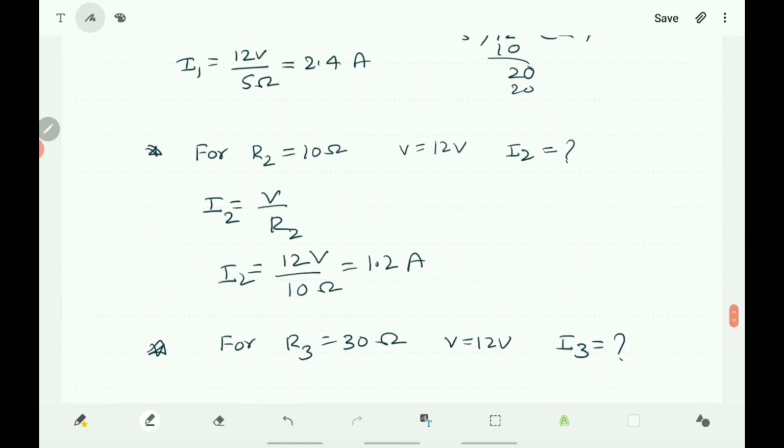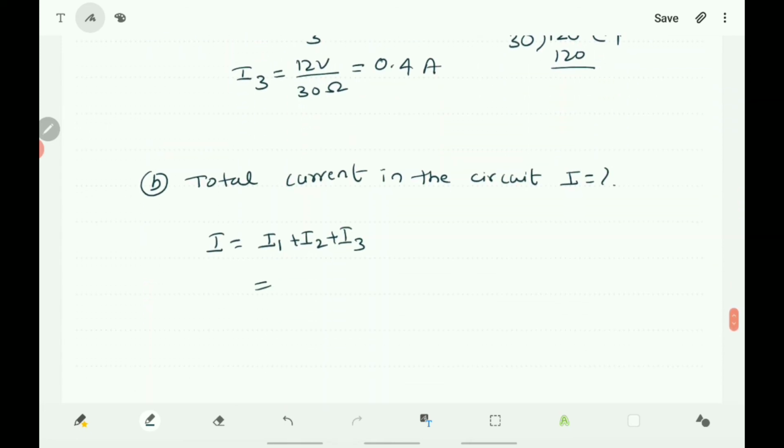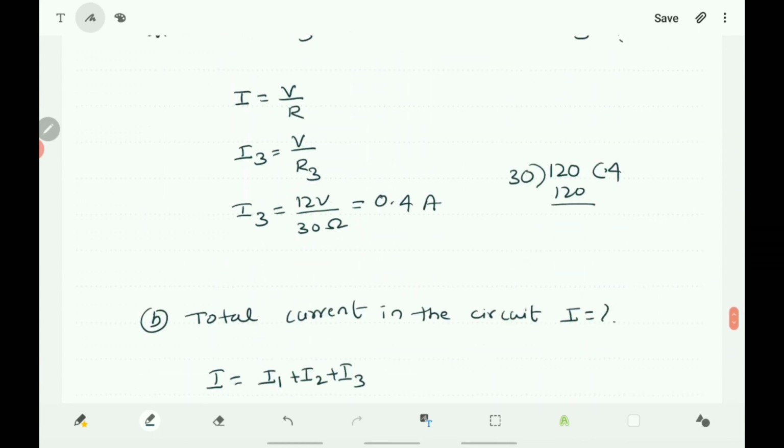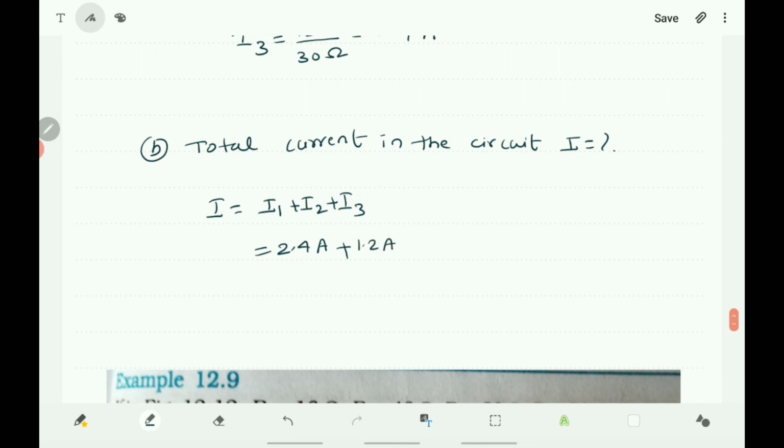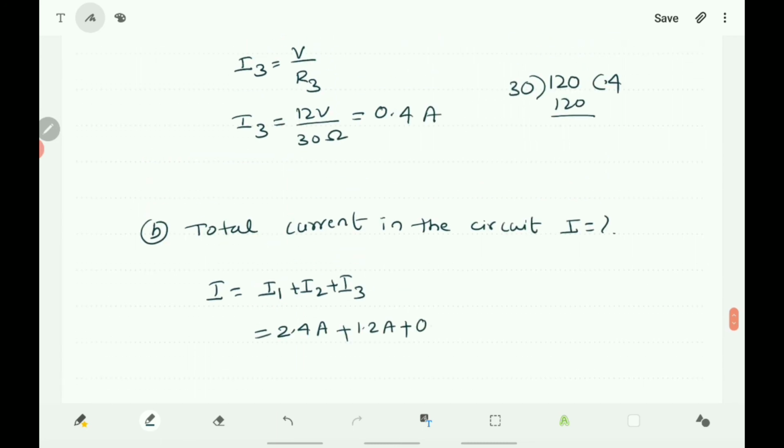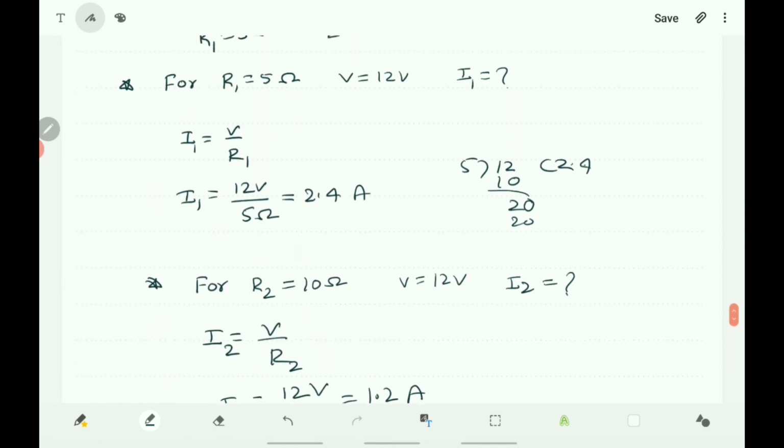I1 is 2.4 ampere, I2 is 1.2 ampere and I3 is 0.4 ampere, and totally it becomes 2.4 plus 1.2 plus 0.4, that is 4.0, that is 4 ampere. Total current in the circuit is 4 ampere.